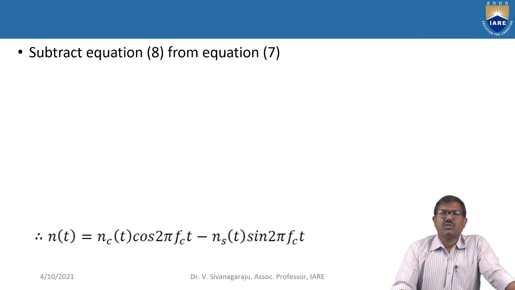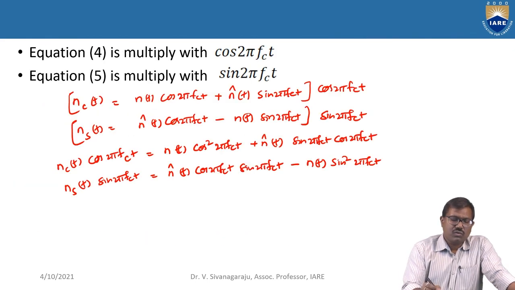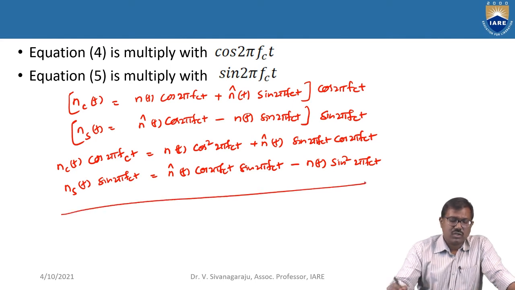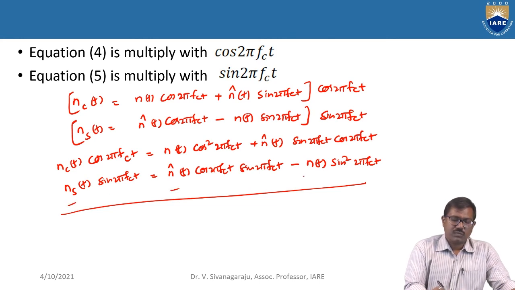So we are going to subtract equation 8 from equation 7. We take this as the 8th one, and we subtract all of this; minus of minus gives plus.